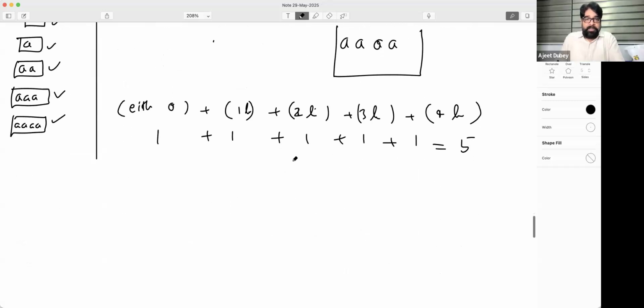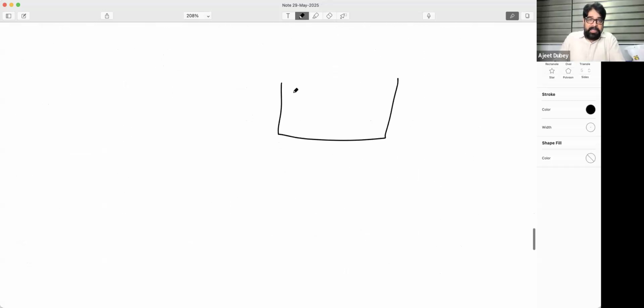Now think carefully. Suppose in a container there are three 2s and four 3s. In how many ways can I select any number of digits?